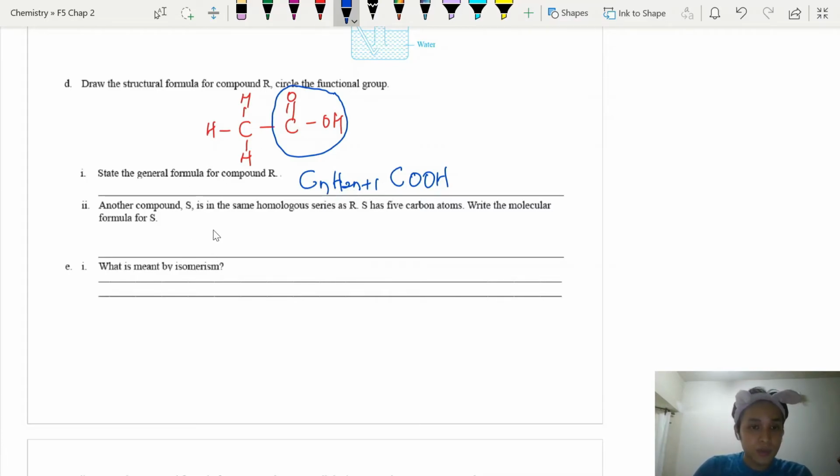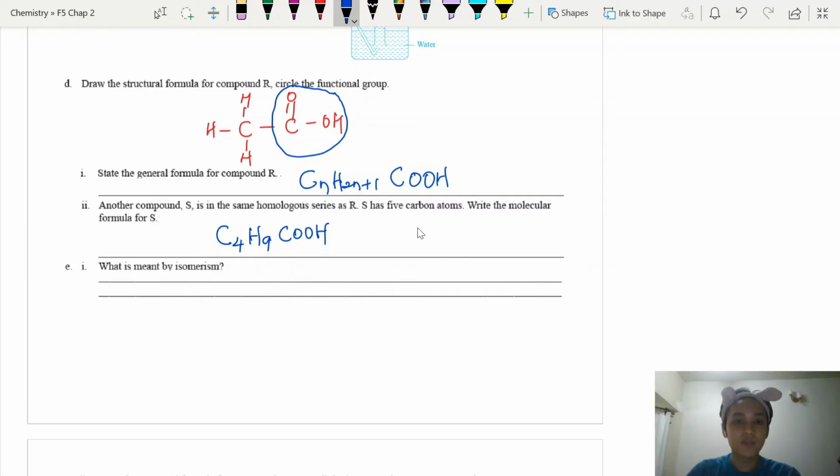The correct chemical formula will be C4H9COOH. Remember, for carboxylic acids you have a carbon at the end, so always take it into consideration when you write the molecular formula or chemical formula. If they say 5 carbon atoms, it's including this one. So 4 plus 1 is 5.